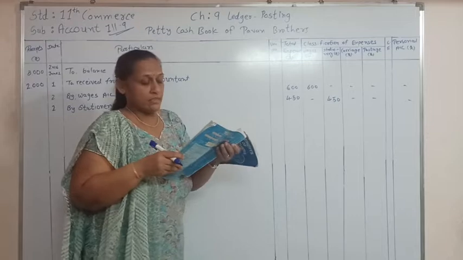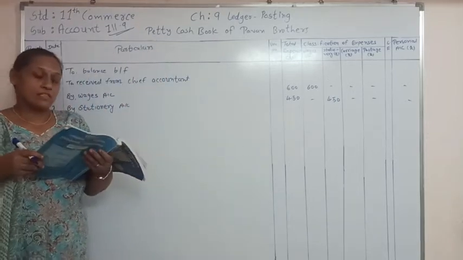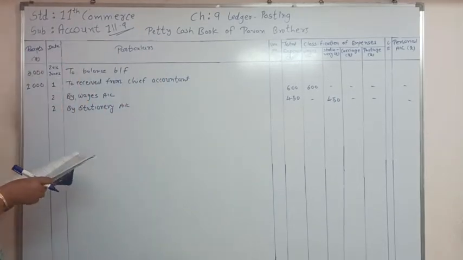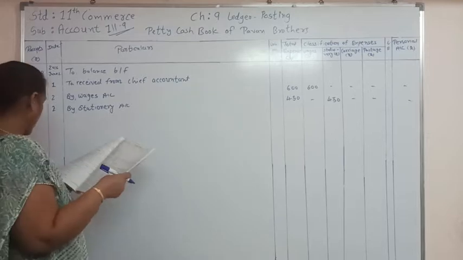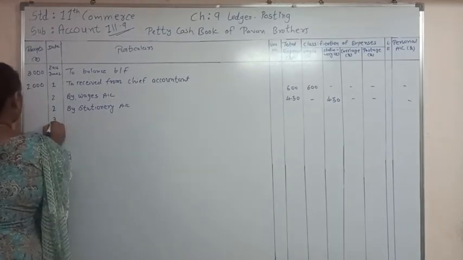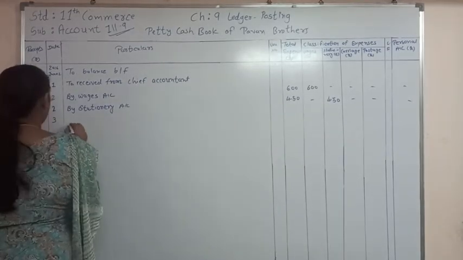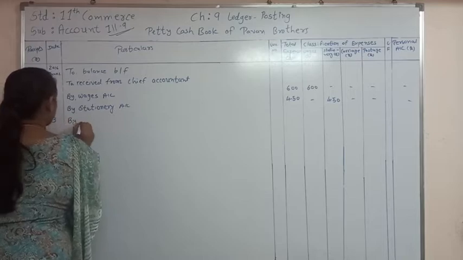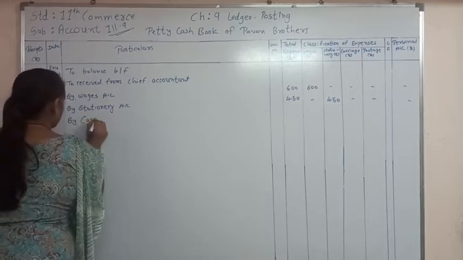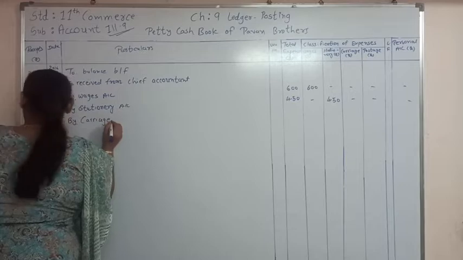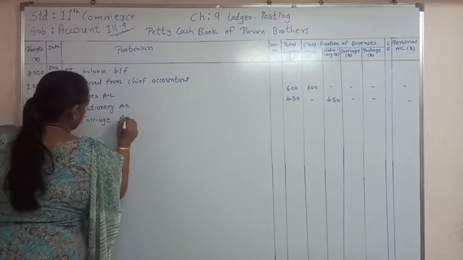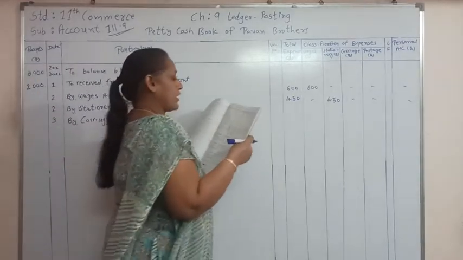Now next is for third date, paid carriage of rupees 400. So for third date, by carriage expense account, and the amount is 400.